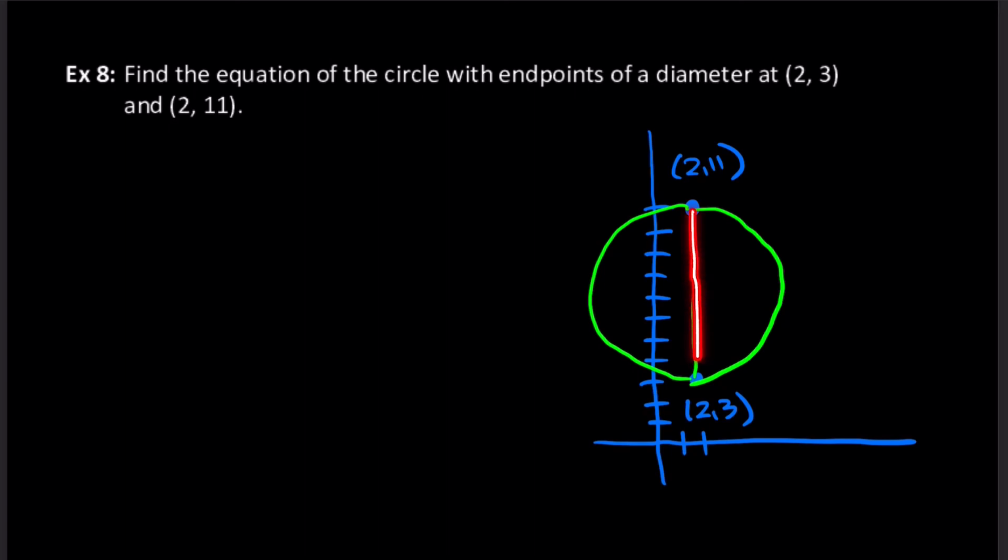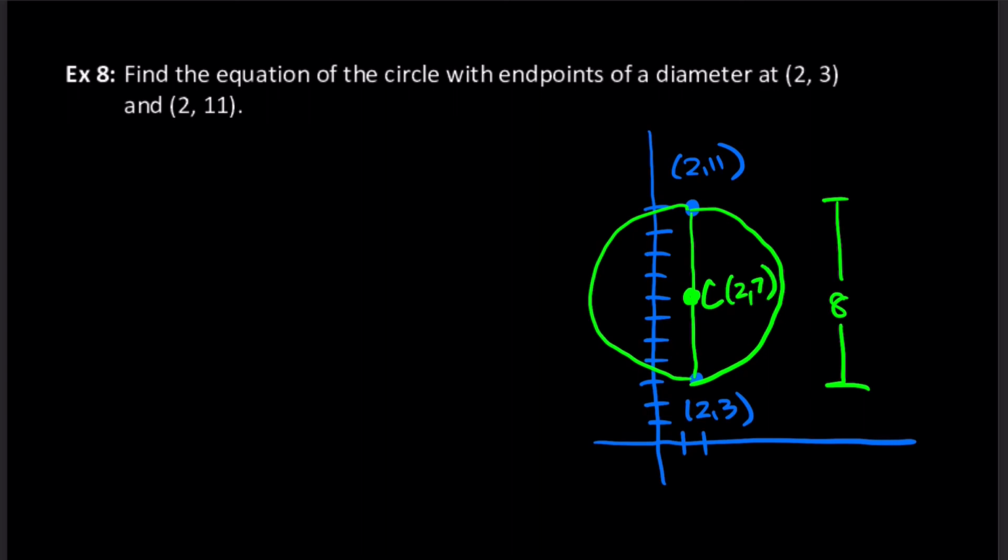I know that this diameter goes from 3 to 11. Well, 11 minus 3 equals 8. So this diameter is 8 units long. Well, what's half of 8? It's 4. Let's go up 4. 1, 2, 3, 4. There's your center. What are the coordinates? 2, 7.